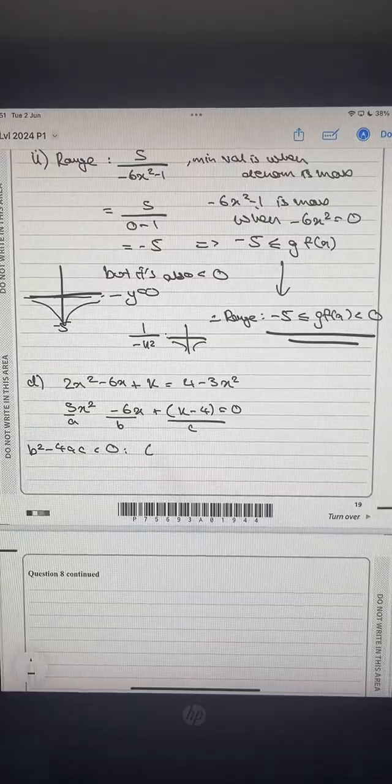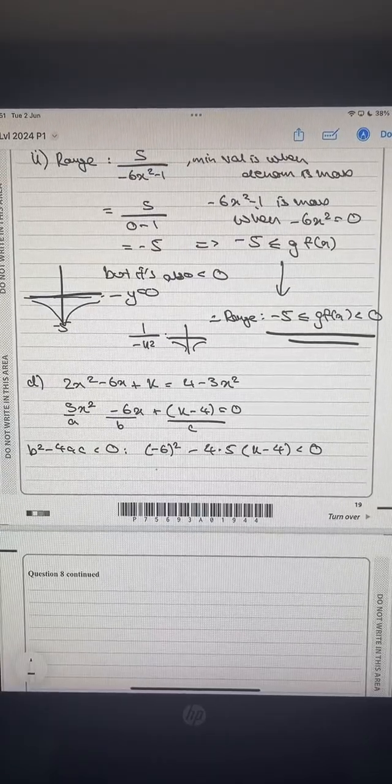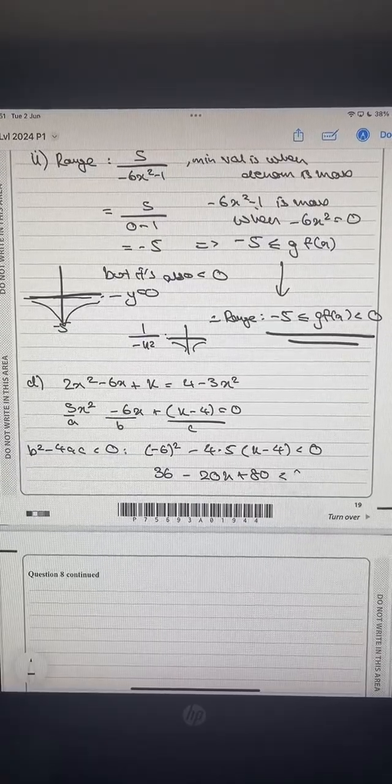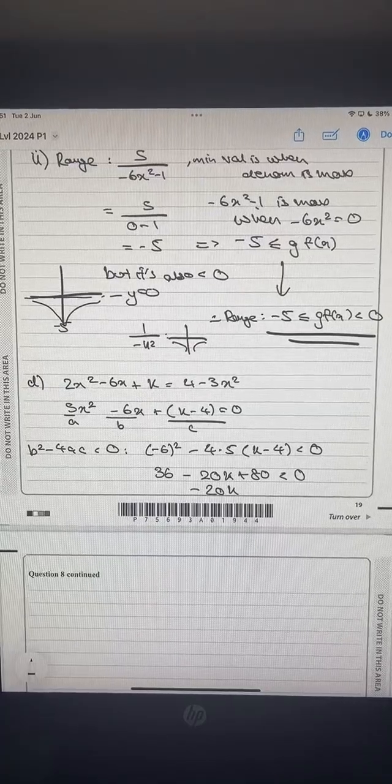So I know that minus 6 squared minus 4 times 5 times k minus 4 is less than 0. So that gives me 36 minus 20k plus 80, negative make positive, is less than 0. So then I have minus 20k plus 116 is less than 0.